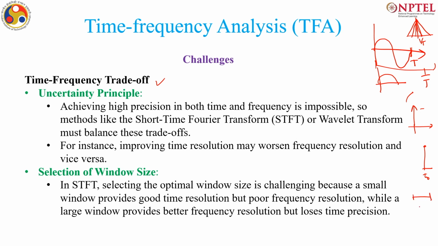If I am observing the signal for a delta t time, and ask what frequencies delta f are present in the signal, then if this delta t decreases, the uncertainty in delta f will increase, and similarly if the certainty in frequency increases, the uncertainty in time will decrease, and vice versa.